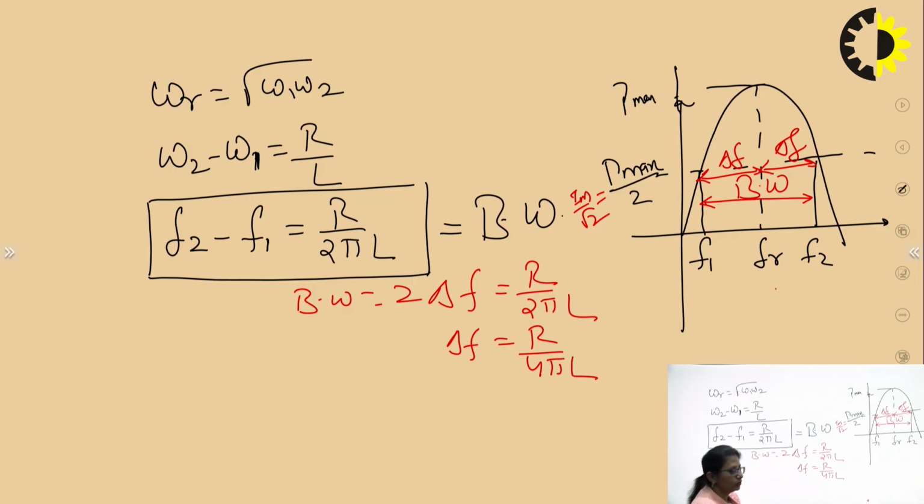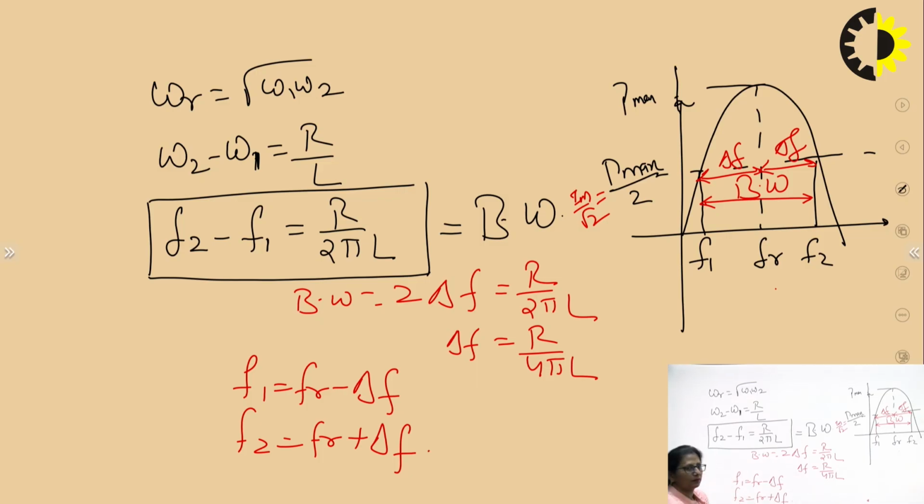If that is so, now I may be giving F1 is equals to FR minus delta F, where delta F is R upon 4 pi L, and F2 can be given as FR plus delta F, right? So, we have derived the expression for bandwidth, for the lower cutoff frequency, for the upper cutoff frequency, and finally, the quality factor.